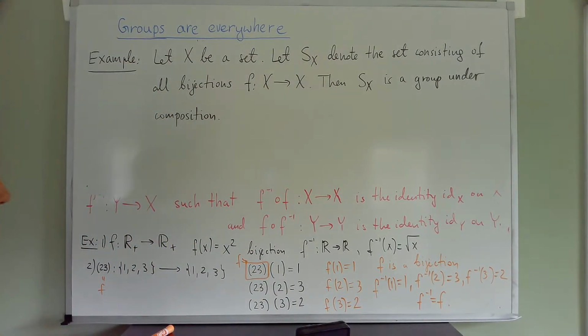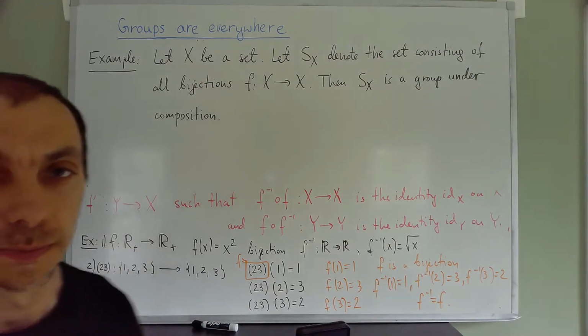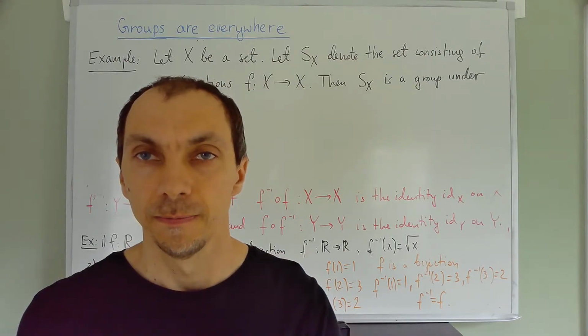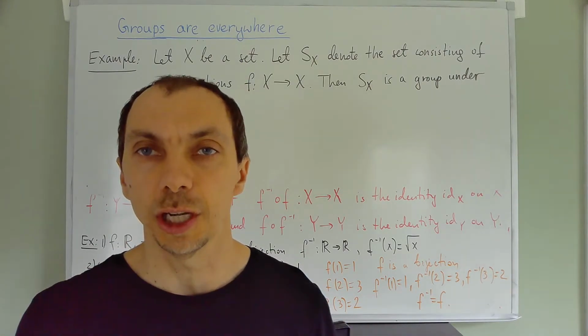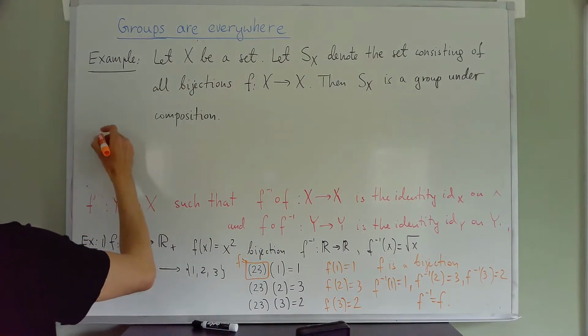All right, well, let's check a few things here. So first of all, is this really a binary operation? If I take a bijection and I compose it with another bijection, do I get a bijection? So this is exercise 1.